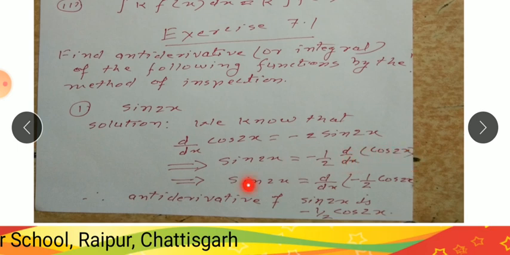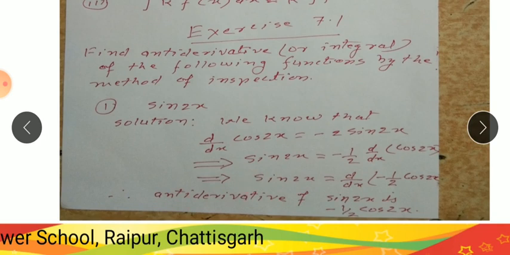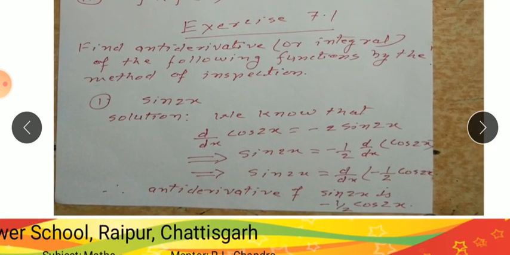That is, sin 2x is equal to d dx of minus 1 upon 2 cos 2x. Means we can say that the antiderivative of sin 2x is minus 1 upon 2 cos 2x.